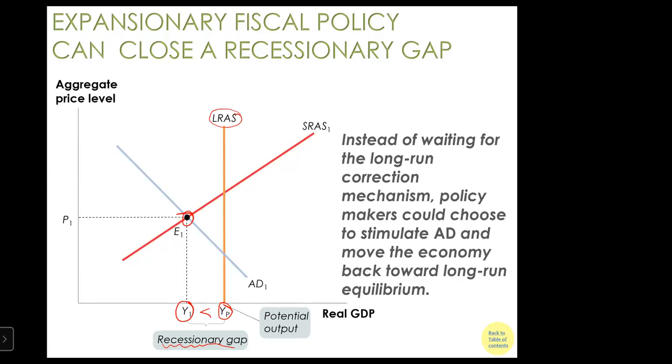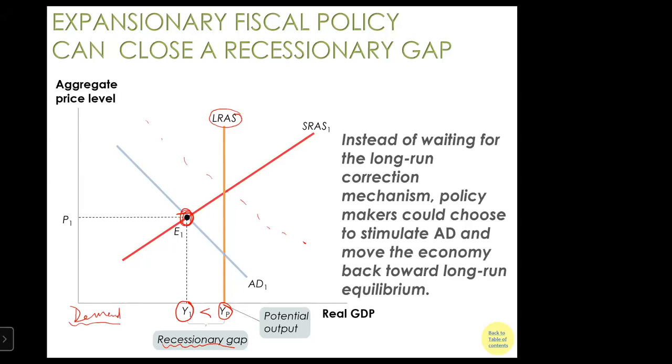Remember, in the previous chapter, we said that for now we focus on demand shock. So the reason we are here is caused by a negative demand shock. Maybe that's where we start. Right? Now, what can the government do?